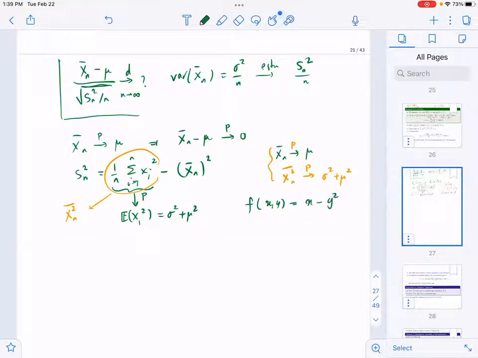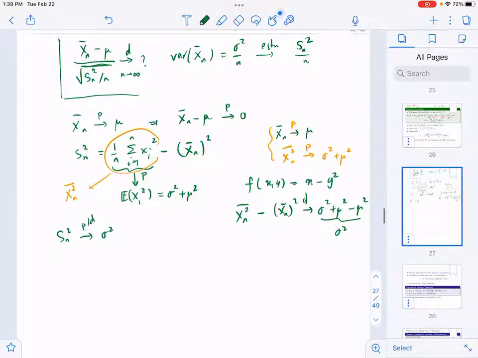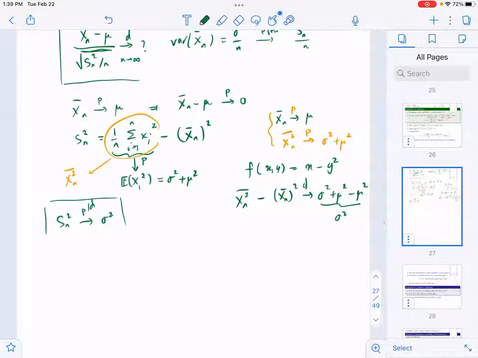This is a continuous function, so I get that x2 bar n minus x bar n squared converges to sigma squared plus mu squared minus mu squared, which is just sigma squared. This converges in distribution because both sides are constants. Convergence in probability and distribution doesn't matter. So an application of the weak law of large numbers plus the version of the Slutsky tells me that this converges to sigma squared in probability or distribution. Okay, so that's the tricky part.